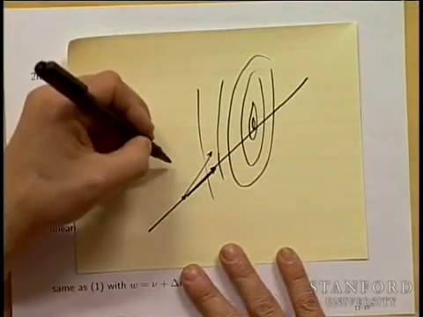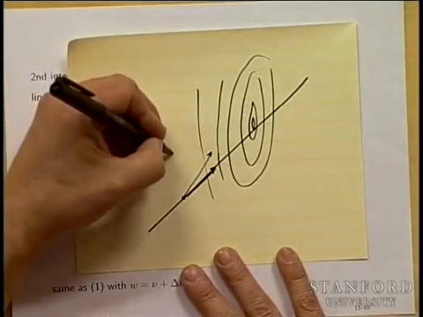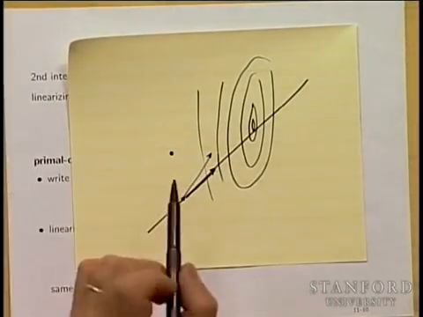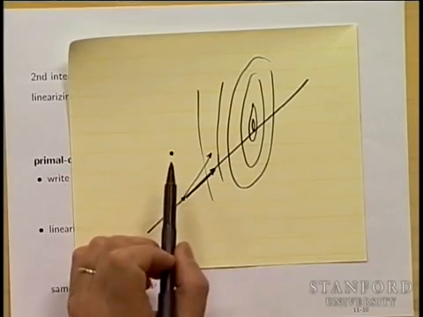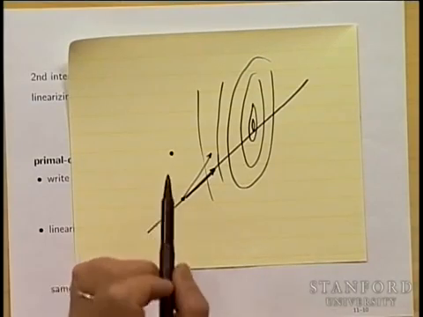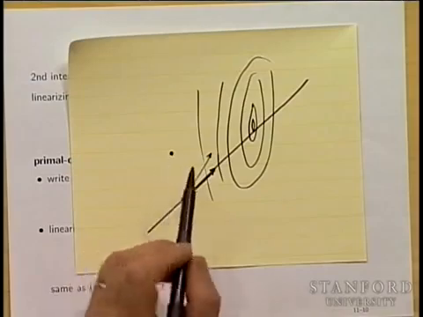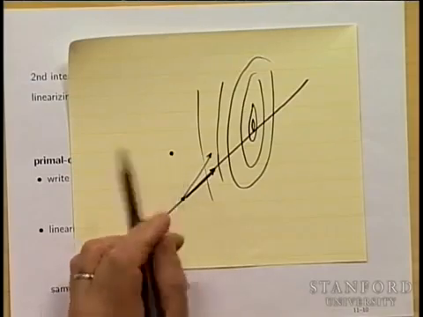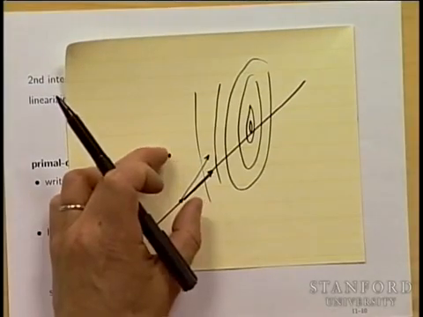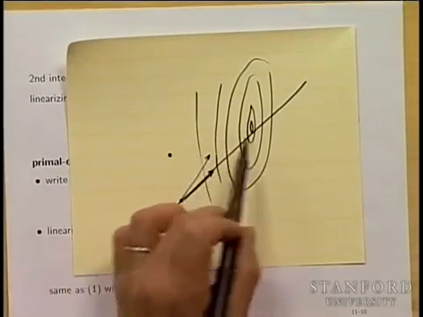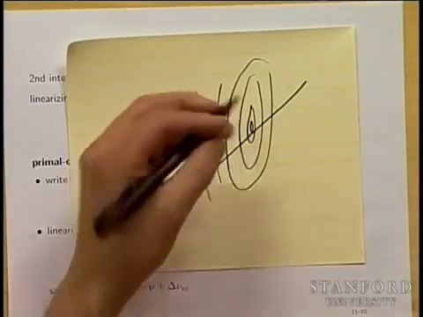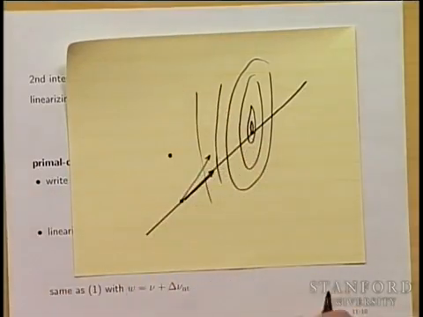What's really odd is the following. You can actually imagine that you're here. When you're here, you've got serious problems. For one thing, you're not feasible. The constraints are Ax = b, and you don't have Ax = b here because you're off this line. Your second problem is that you're not optimal here either.